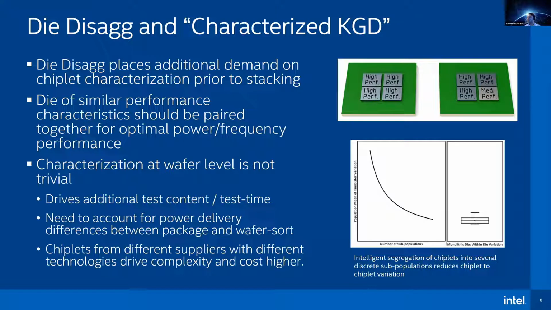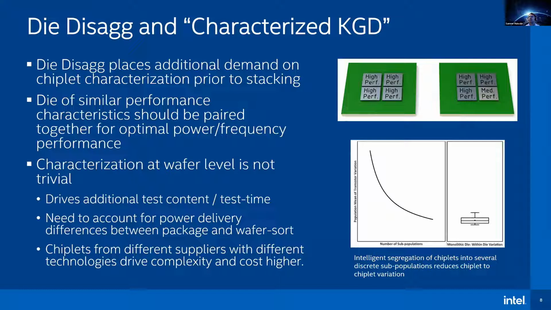The chart on the right hand side indicates a monolithic die has much lower variation within the die, but in a disaggregated environment with smaller chiplets, chiplet to chiplet variation is higher. So you would want to do a much better job of characterizing and pairing and creating subpopulations of like die to create these groups and be able to pair die intelligently.